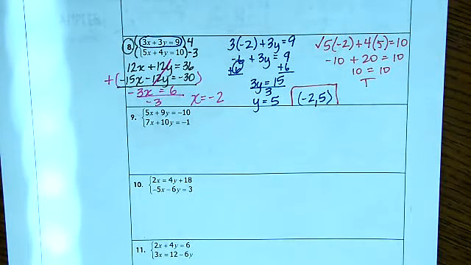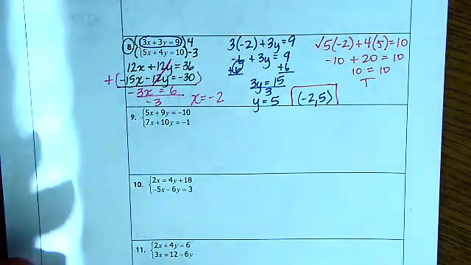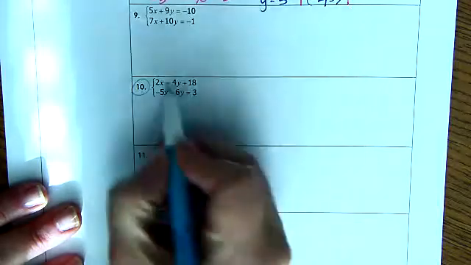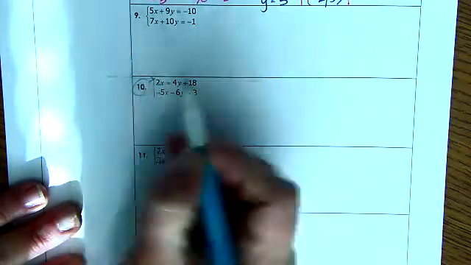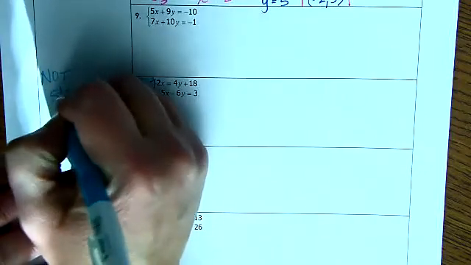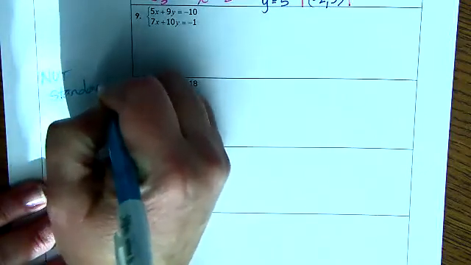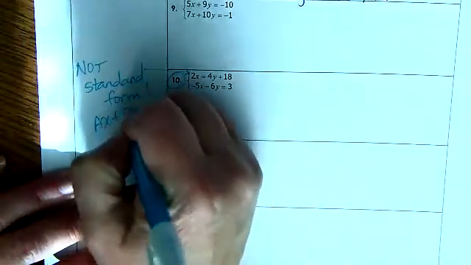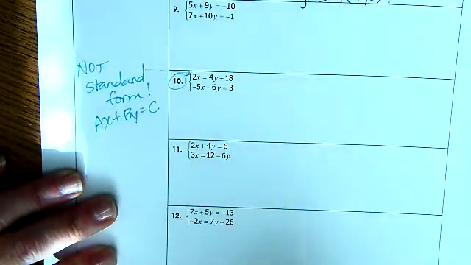Now, looking at number 10, the thing that can trip us up here is this is not in standard form. This is not standard form, which is ax plus by equals c.